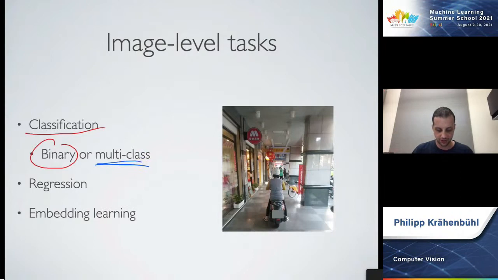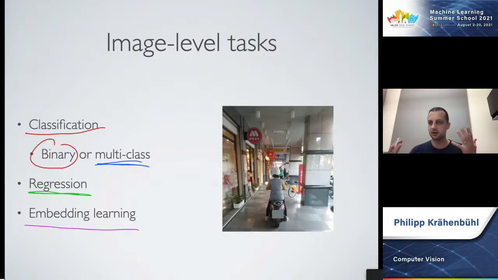Then we have regression problems, where we're trying to output not a class or a binary decision, but instead output a floating point value and regress to something. And then we have embedding learning, where we're trying to find some sort of distance metric. The way we're going to do this is by outputting a feature vector and then looking at Euclidean or cosine distances between these feature vectors to tell us if two images are closer. So these are the three problems we're going to look at.